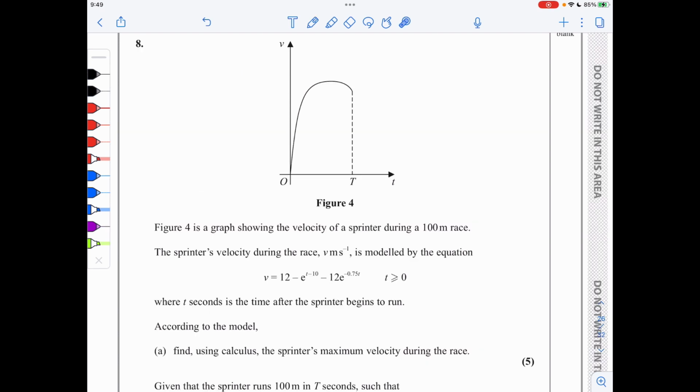In question 8, we're given the velocity as a function of time, and we need to use calculus to find the maximum velocity during the race.